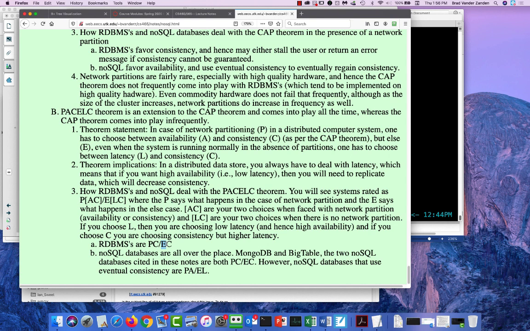Okay? So basically, NoSQL is about speed. Relational database management systems are about consistency. If you're willing to tolerate some lossiness in your updates, NoSQL may be right because it can increase performance.